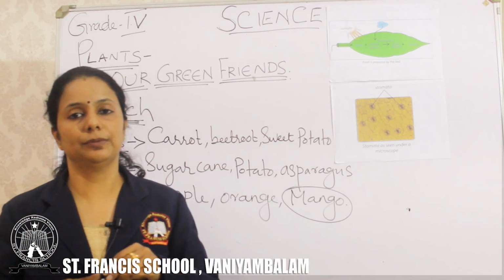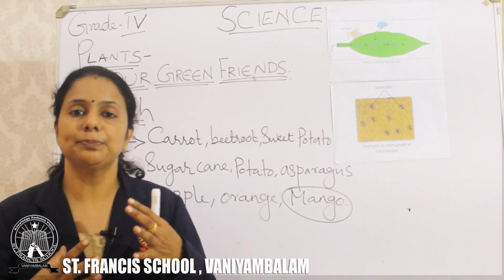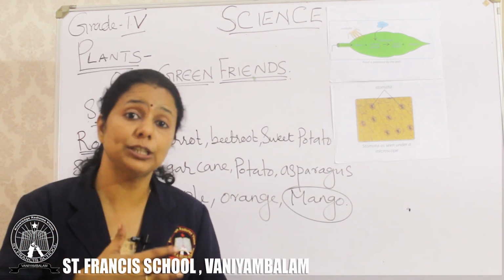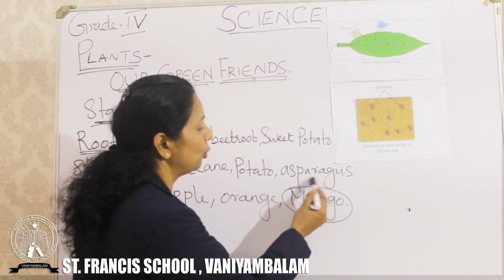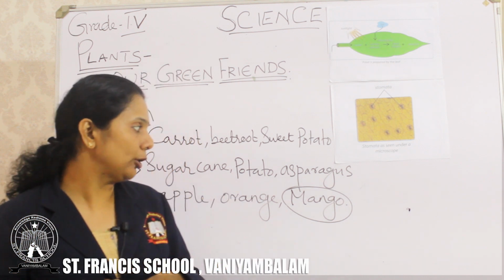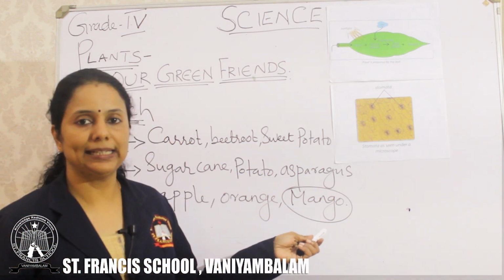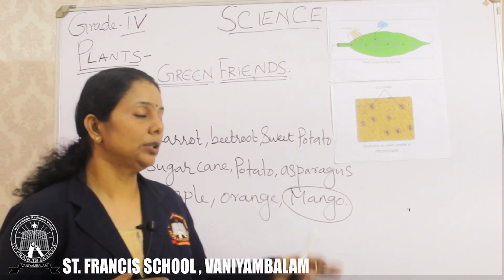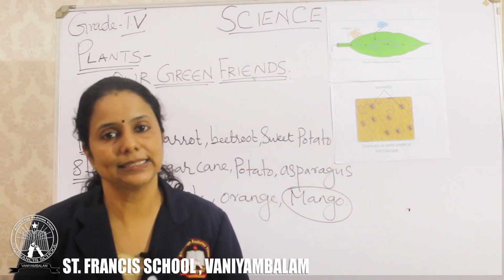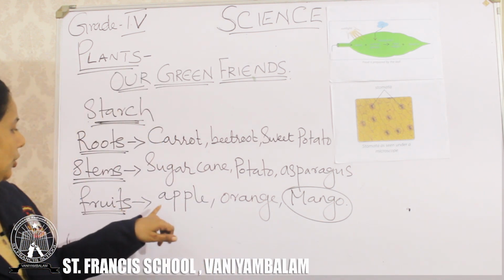So, the excess food is prepared in the leaves, and the excess food is stored inside this fruit of that plant. Okay, so in mango tree, where is the excess food stored? Inside the fruit, that is mango. So that fruit we use as our food. Okay, so that is examples of fruit.